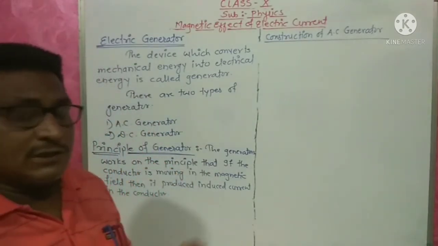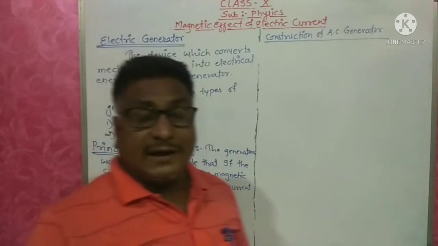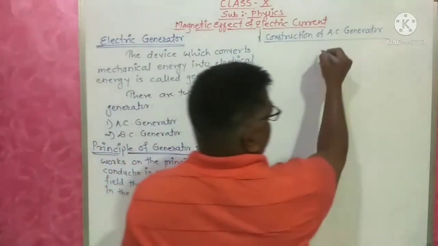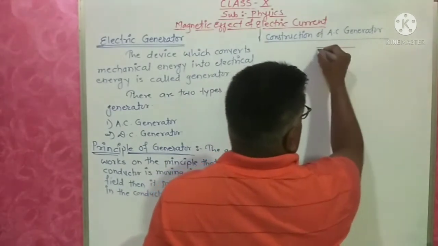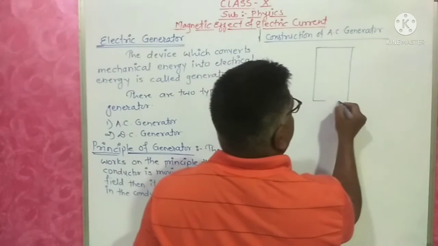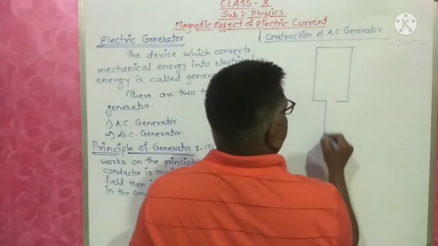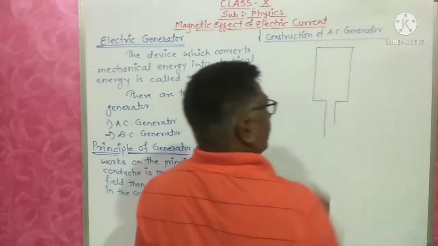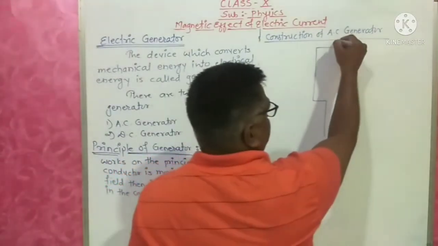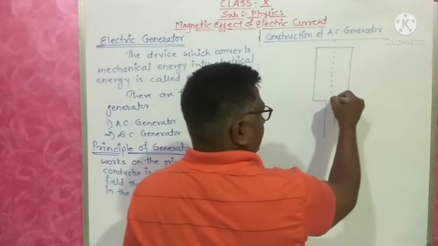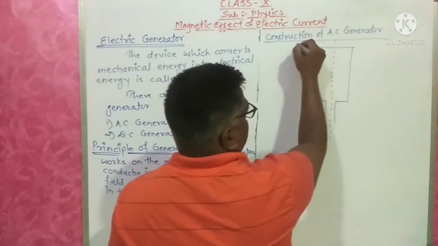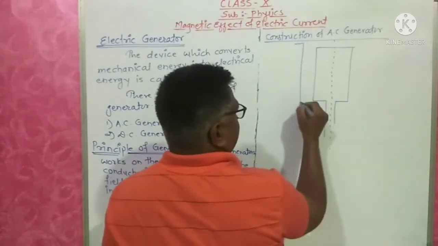How did we draw the circuit diagram for the electric motor? The same circuit diagram will come. This is the armature coil. What is this? Armature coil, kept in the magnetic field.